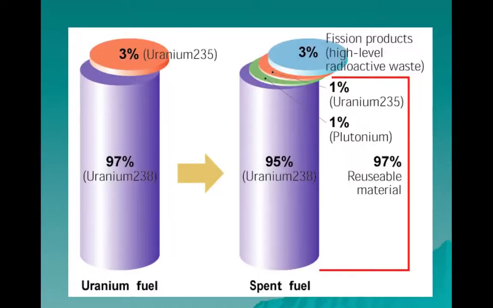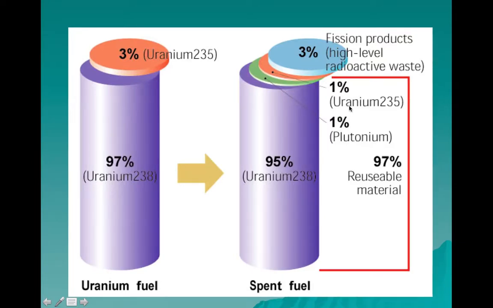So if you look here, the uranium fuel, as we talked about in class, starts off with about 3% being the radioactive 235. Once it's spent, about 95% of the spent fuel is the 238, the non-radioactive.